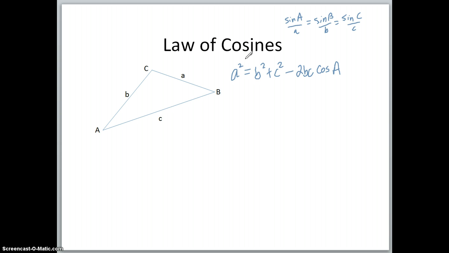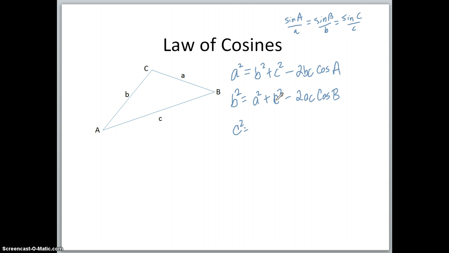We can use the law of cosines for any side that we want. Side A, this is what we would have. Side B would look like this. B squared equals, instead of B and C, we're going to have A and C. A squared plus C squared minus 2, instead of B and C, we're going to have A and C. And then this angle always matches up with the side, so cosine of B. We can also use C squared.